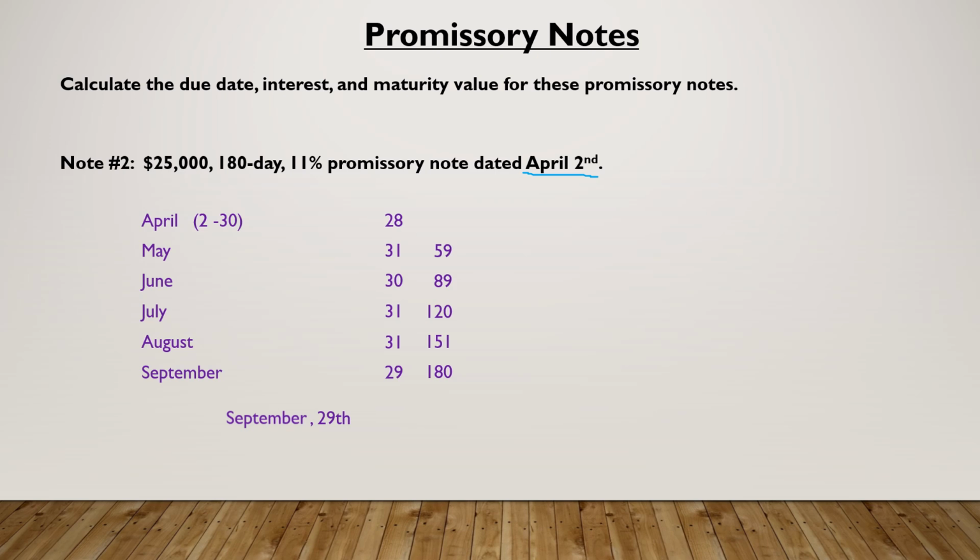Our interest will be $25,000 times 11% times 180 over 360, or $1,375.